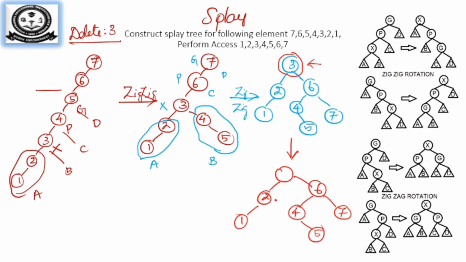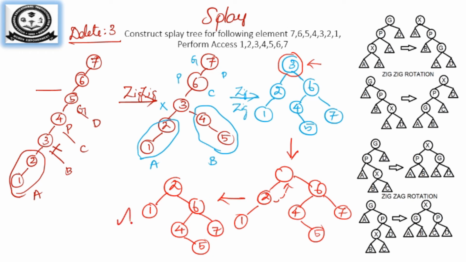So when 3 is deleted, the biggest element from the left subtree will replace. So you will have 2 over here. So it will become 2, 1, 6, 4, 5, 7. So this is your final diagram after delete 3.